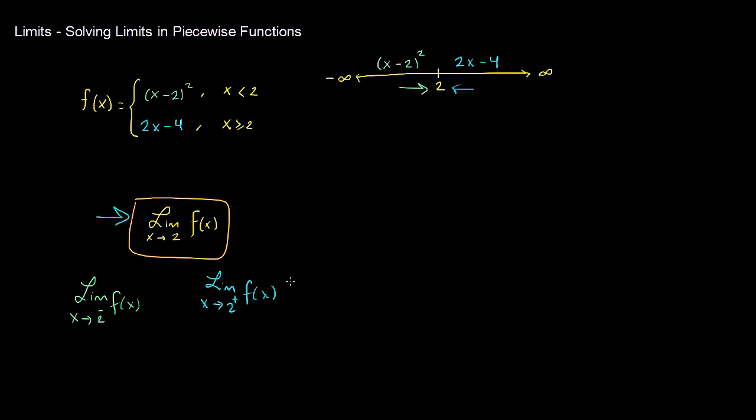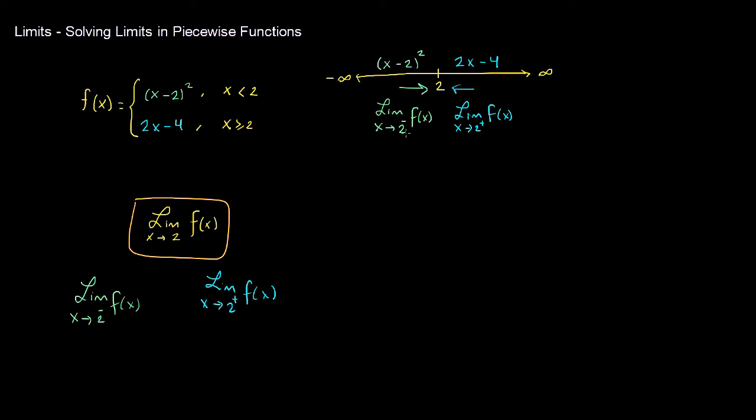Otherwise, the limit will not exist. So basically what I'm saying is that if you calculate the limit from the left of this 2 for f of x, and the limit from the right of 2 for f of x, we should get the value of the limit of f of x when x approaches 2. Or if they do not meet, if they're different, then the limit will not exist.